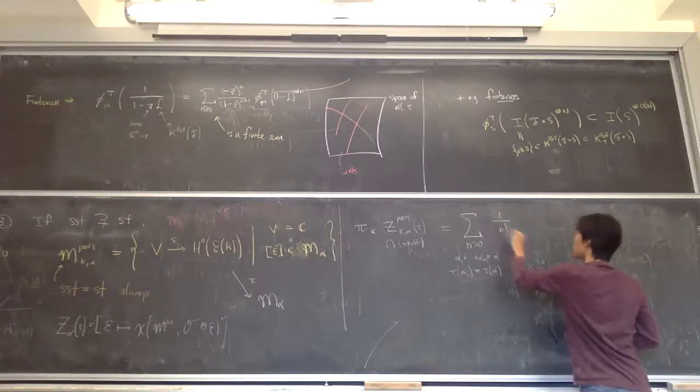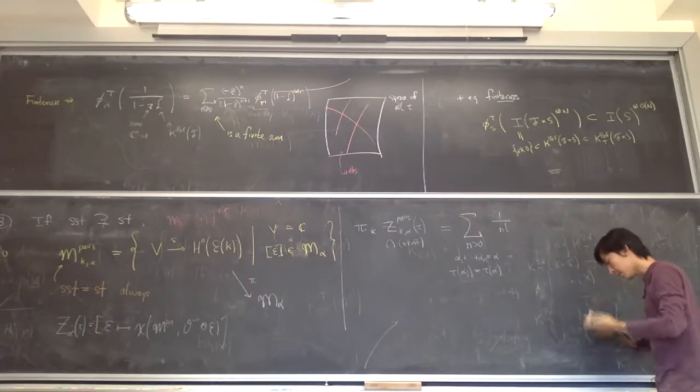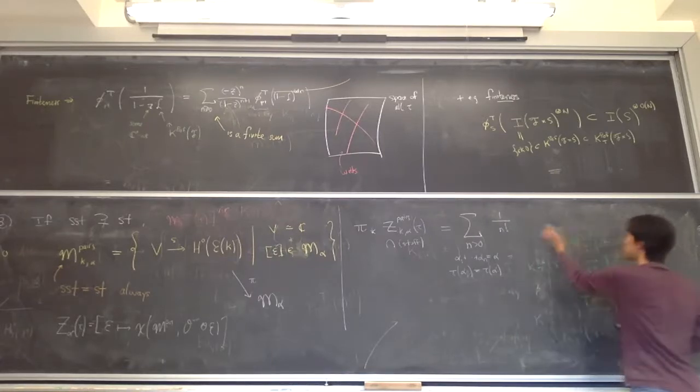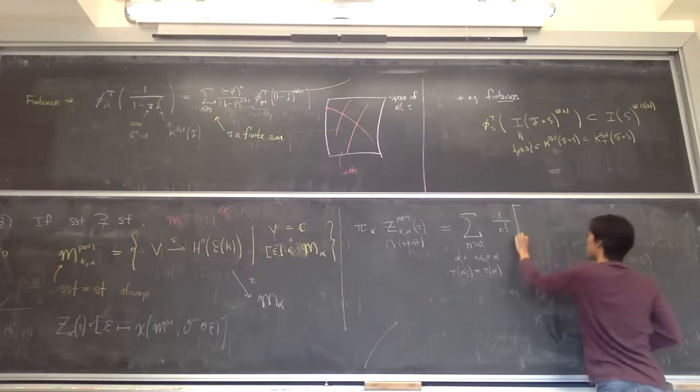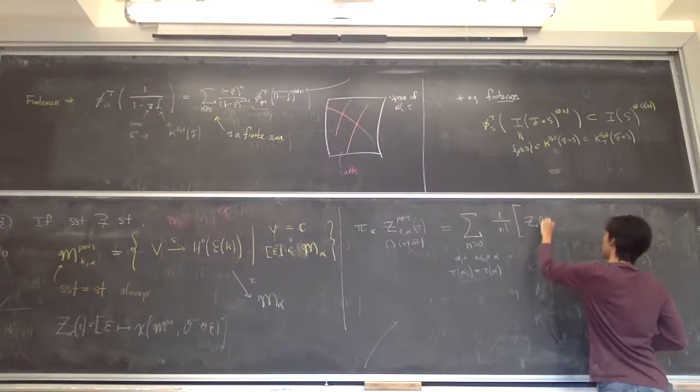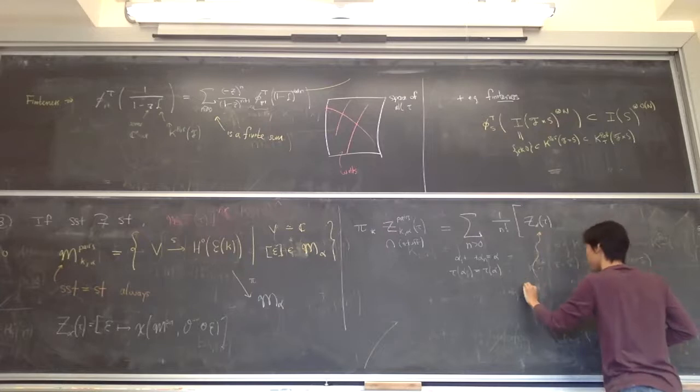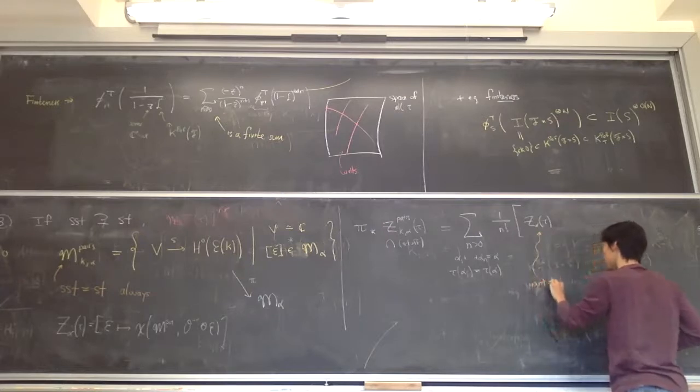And the contributions will be from these semi-stable invariants that we want to define. So we'll have some expression here involving the things we want to define. So Z alpha tau. So these are things we want to define.